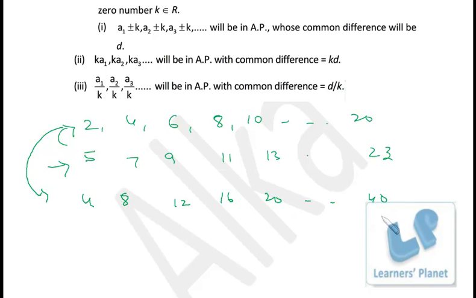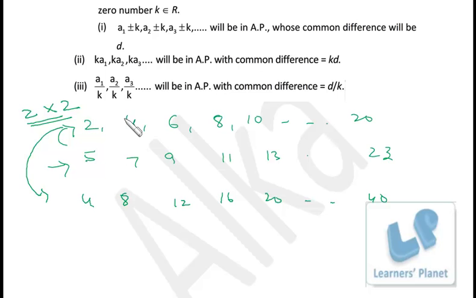Still it will be an arithmetic progression, but the common difference will change. I multiplied each term by 2, and earlier the common difference was 2, now the common difference will be 4. So if the original AP is a1, a2, a3, and you multiply each term by k, then the common difference will be k times d.